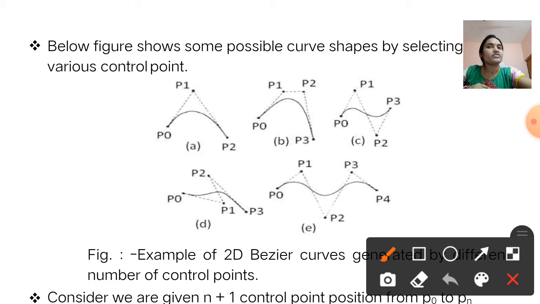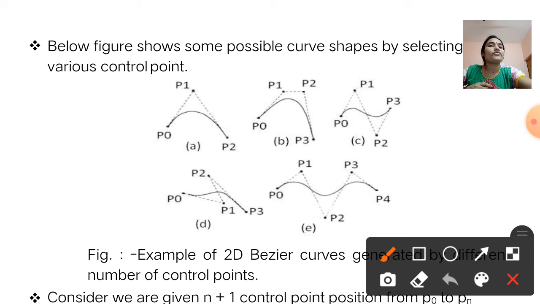So the degree is the number of control points minus 1, that is 3 minus 1 equals 2. In figure A, the degree is 2 and the order is 3. The number of control points gives the order of the Bezier curve.